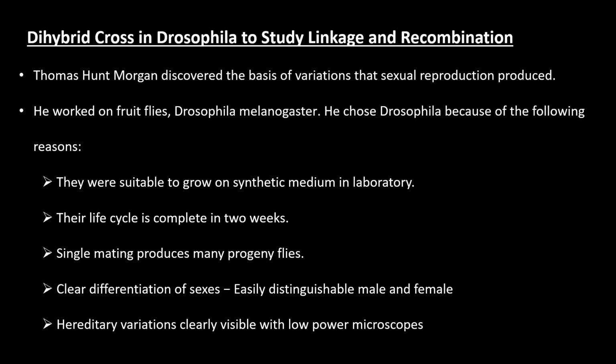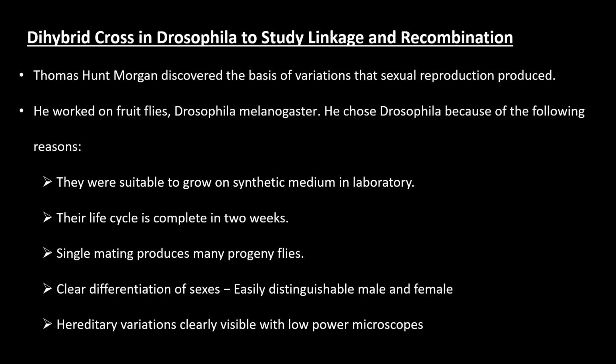The question arises why Morgan selected Drosophila melanogaster for his experiments. The reasons are they were suitable to grow on synthetic medium in the laboratory. Their life cycle is complete in 2 weeks. Single mating produces many progeny flies.